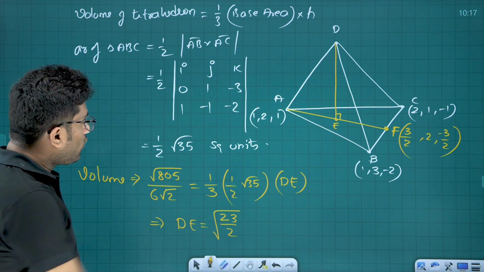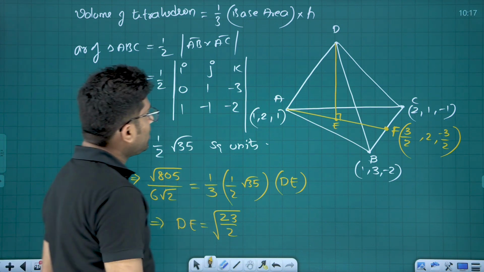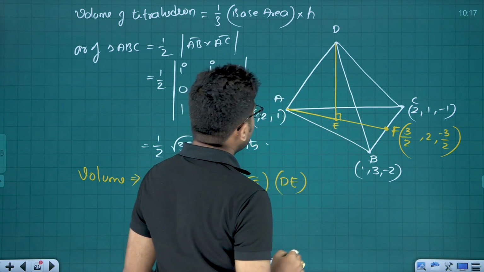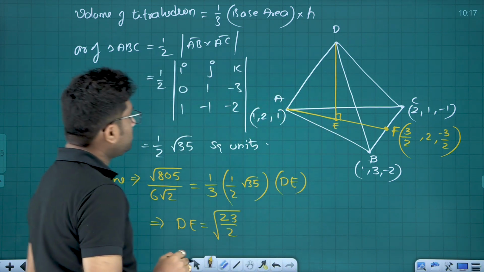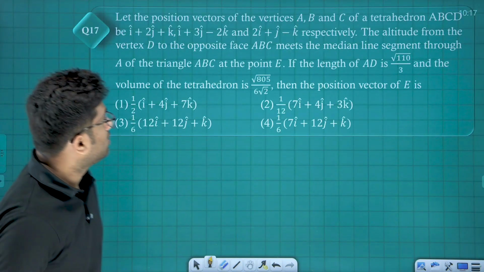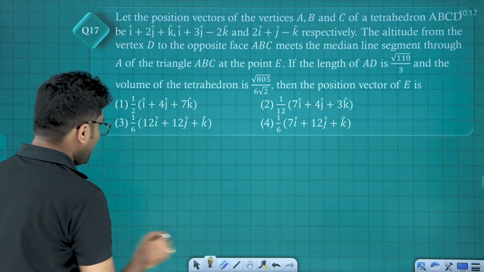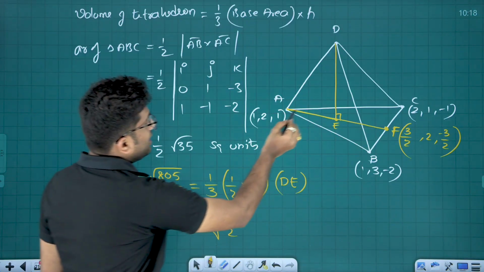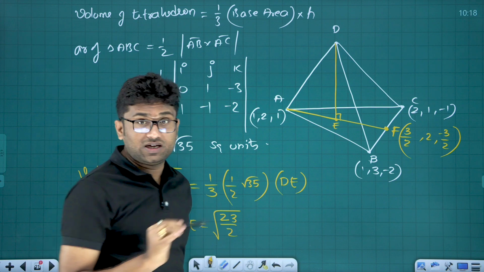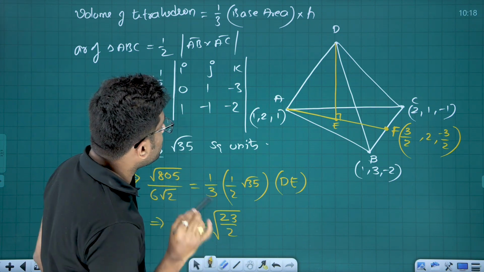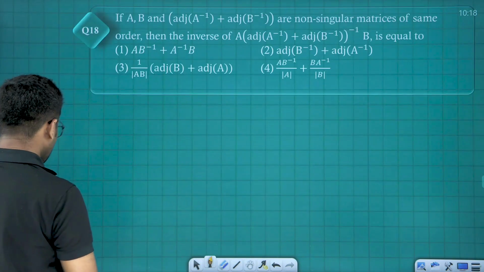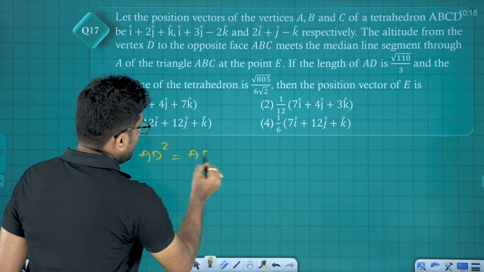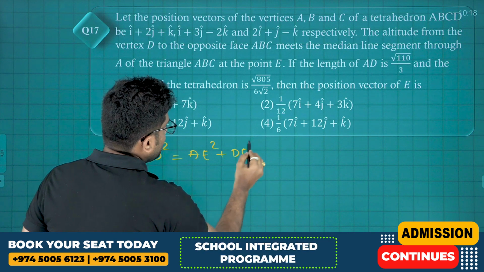Now from the diagram, DE is perpendicular, and they have also given AD. From the diagram, can we say AD is a right angle triangle? So AD square is equal to AE square plus DE square.